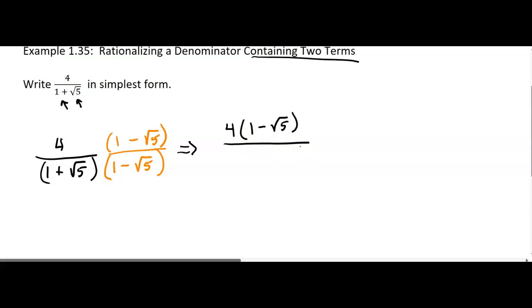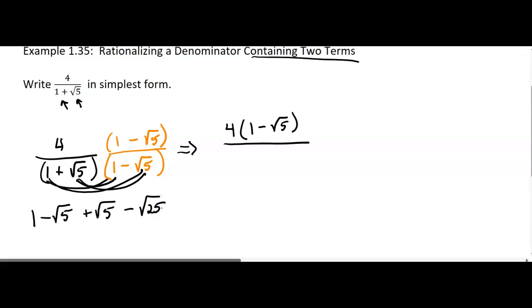Now what happens in the denominator? You're going to use FOIL here. You're going to go 1 times 1, which is 1. You're going to go 1 times a negative square root of 5, which is negative square root of 5. You're going to go square root of 5 times 1, which is positive square root 5. And then finally a square root 5 times a negative square root 5, which is negative square root 25.